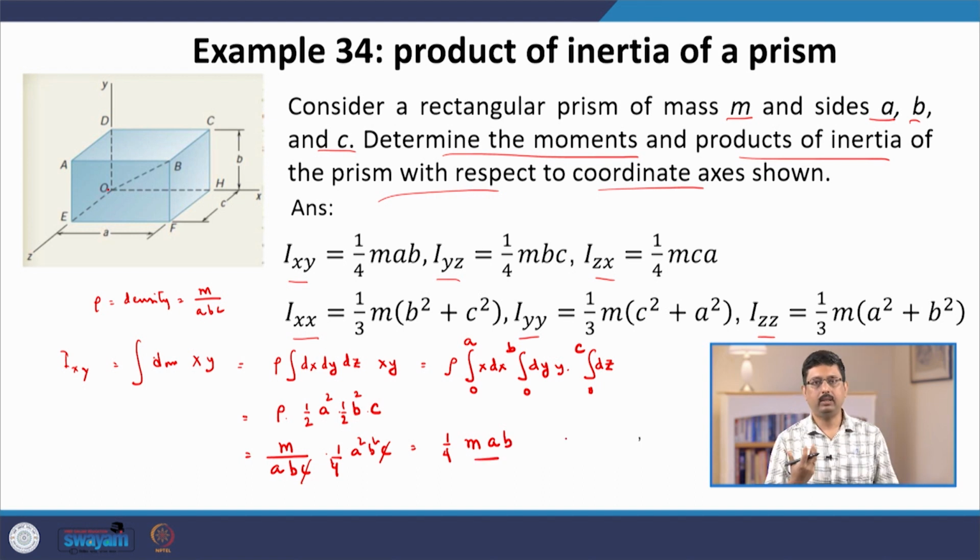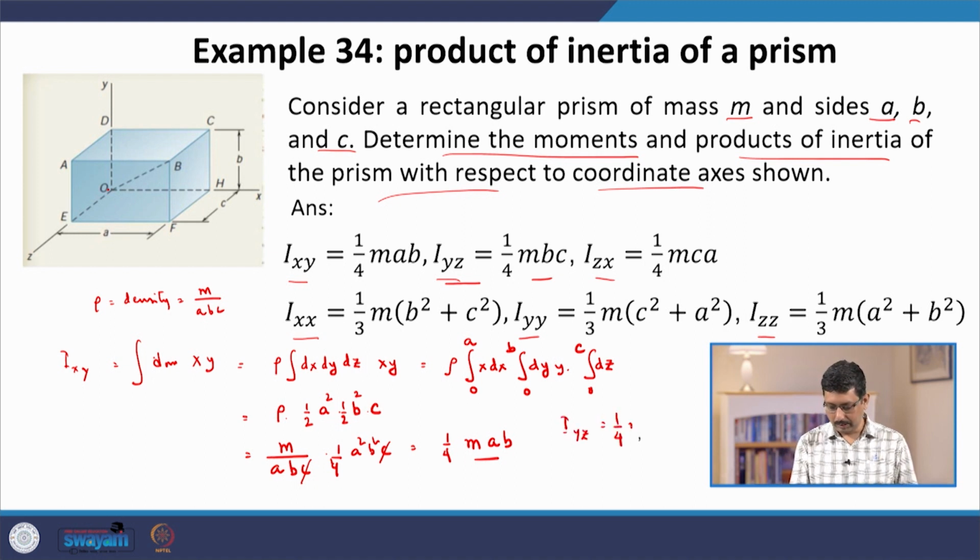Then by symmetry, by switching the indices, you can easily verify that I y z will be 1/4 m b c and I z x will be 1/4 m c a.